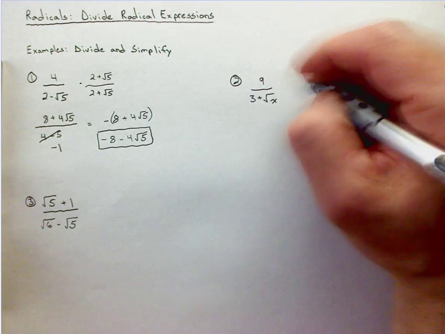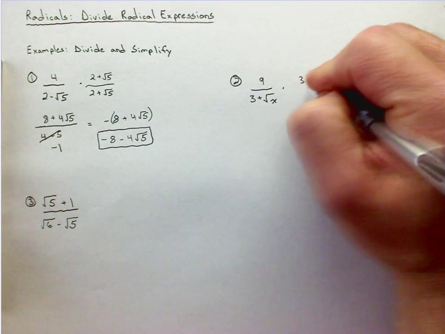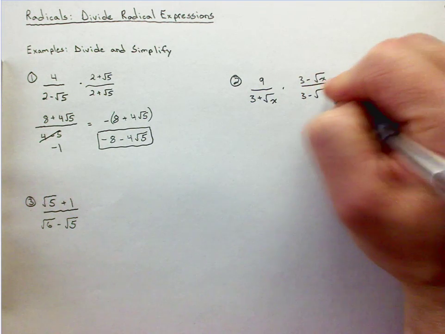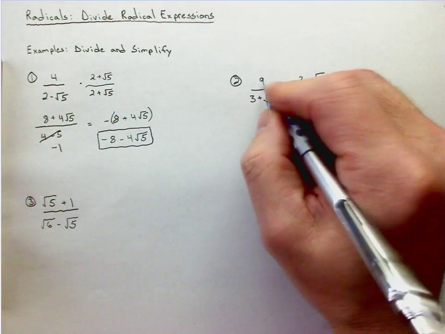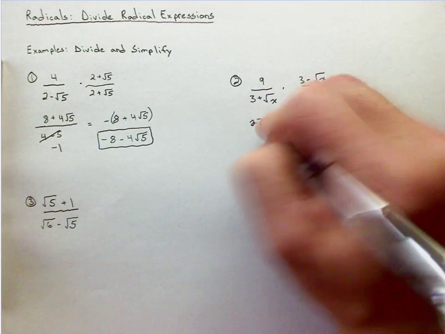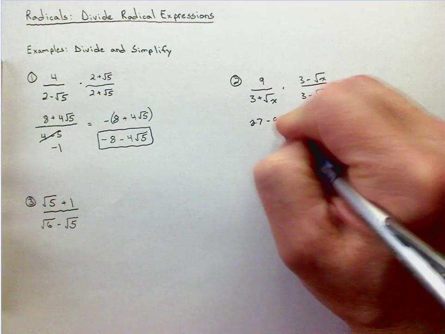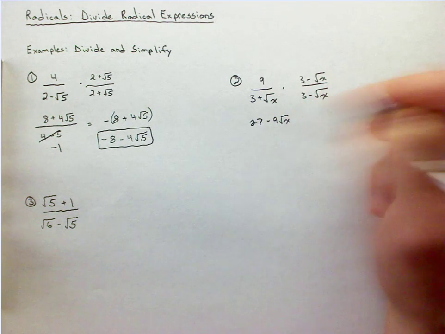Multiply through by the conjugate. 3 minus the square root of x, 3 minus the square root of x. 9 times 3 is 27. 9 times a negative square root of x is a negative 9 radical x.